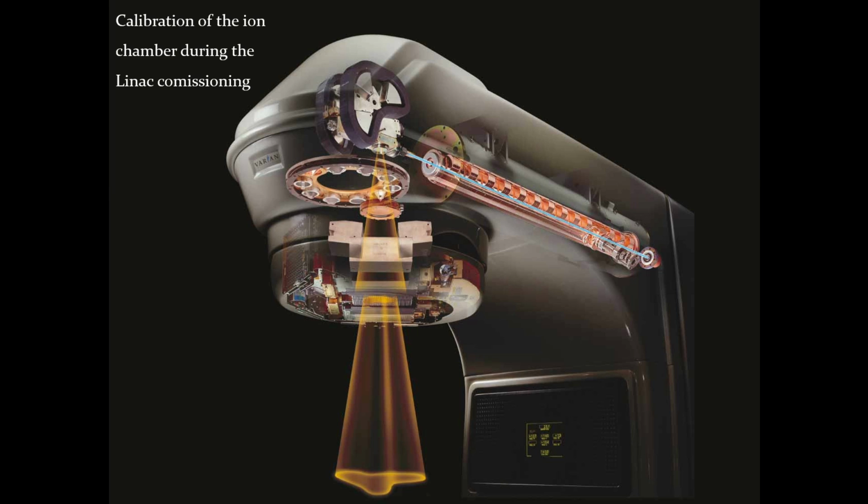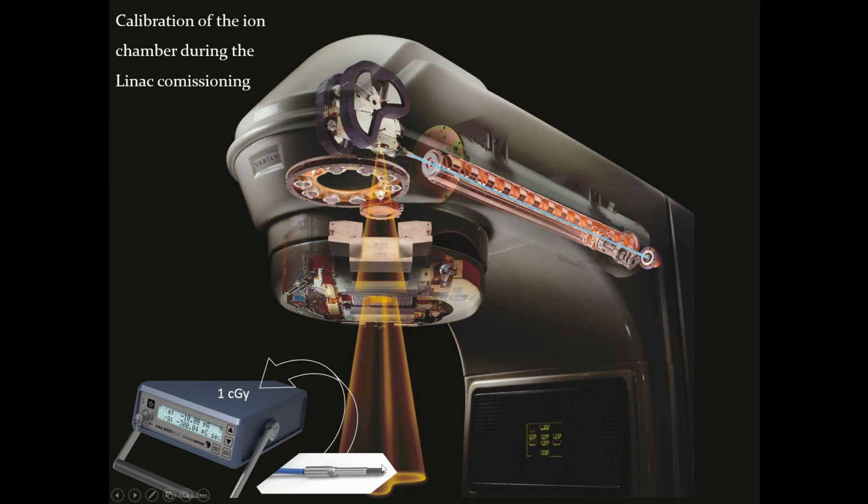And what you do during the LINAC commissioning is you perform a calibration of this ion chamber. So you are using a calibrated ion chamber at the end of the beam, and you switch on the beam and collect charges there until you reach a given amount of charges, which is equivalent to 1 hundredth of a gray, 1 centigray.